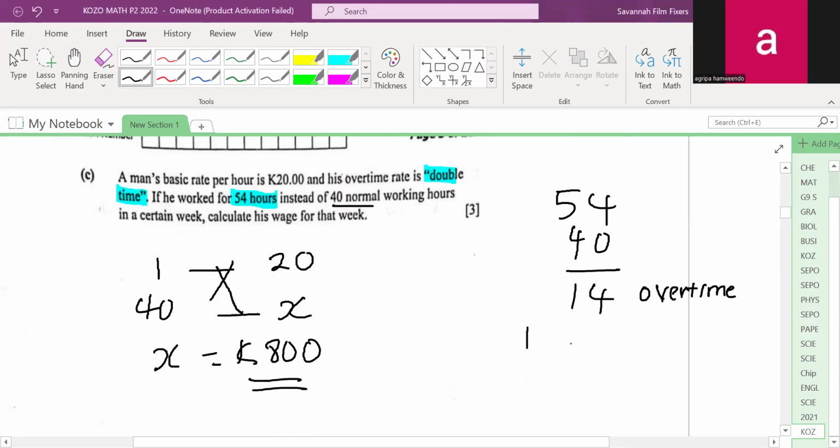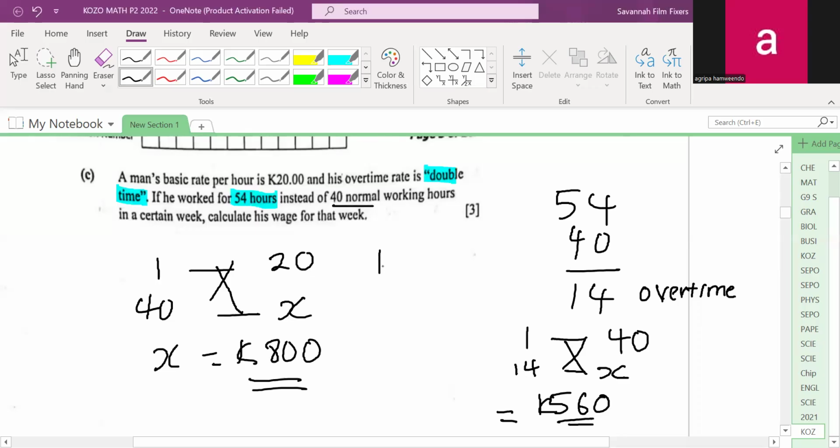For every hour that he's worked, he's making 40 kwacha, right? So 14 hours will be equal to X. So if we cross multiply, please find time to add everything here properly. But if we cross multiply, we're going to get 560 kwacha extra.